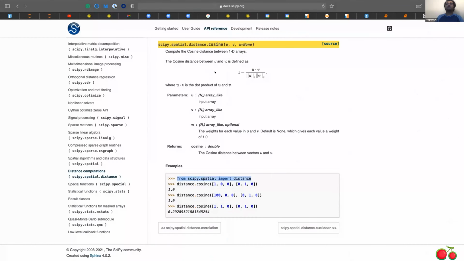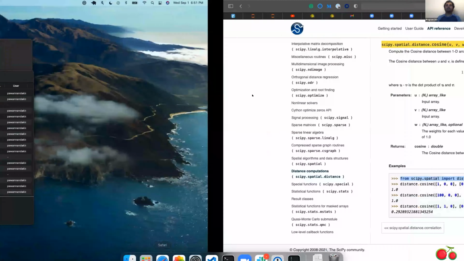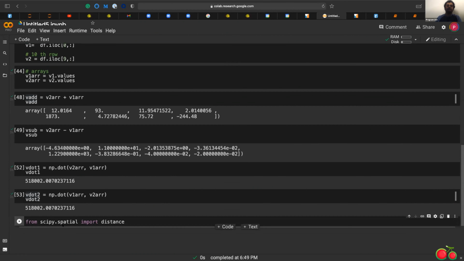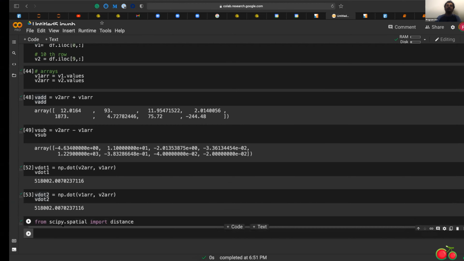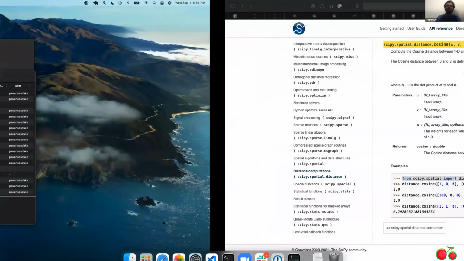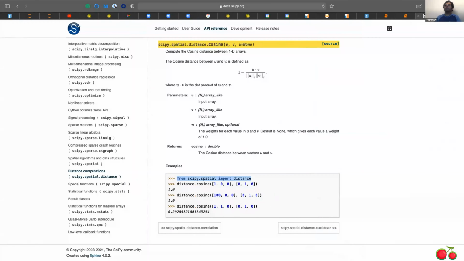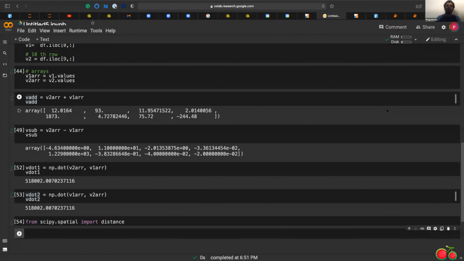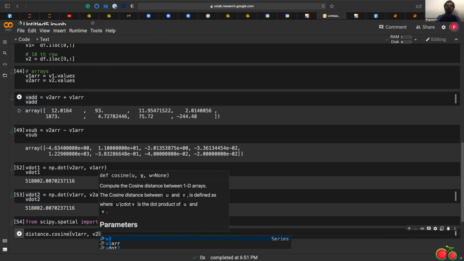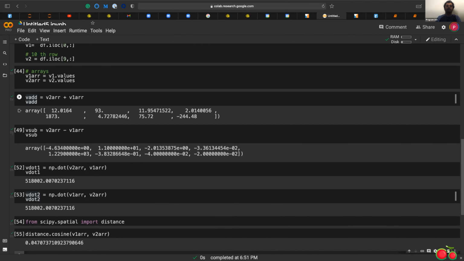Oh no, but this is just cosine distance between, so that's the one that I was looking for. So for this, you just do import, and then distance dot cosine, and then you do v1 array, v2 array, and it'll give you the distance.